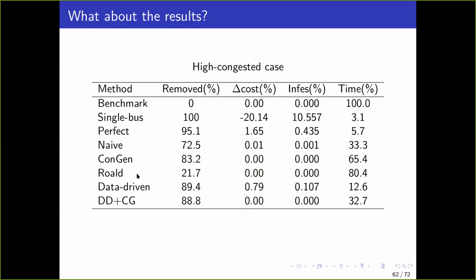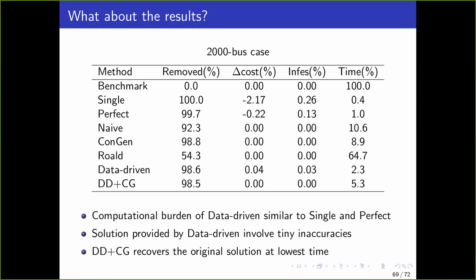So in the purely data-driven method, the infeasibilities that we obtain in the simulations are very low. For example, in the real size case study, it's only 0.03%. I wouldn't worry too much about these infeasibilities in real life, because you have frequency control, you have a lot of options to adjust these small infeasibilities between generation and demand, right?